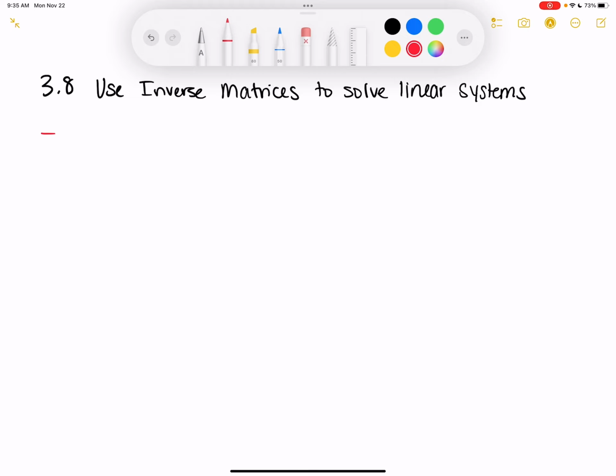So an identity matrix is an n by n matrix that has ones on the main diagonal.